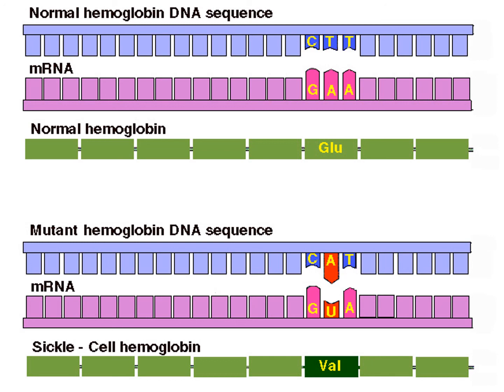So here is the normal hemoglobin, and in position 6 we have a glutamine, or glutamic, I meant glutamic acid, or glutamate, not glutamine. Sorry about that.